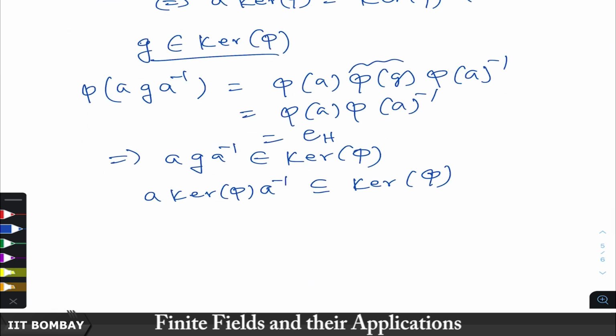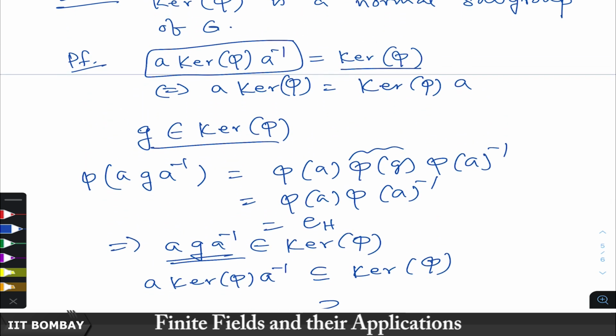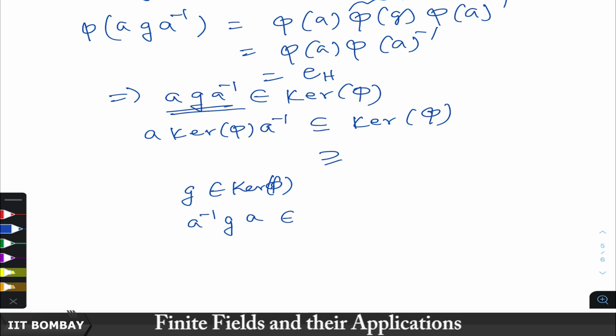Similarly, one can also see that the kernel is a subset here. Take any element g in the kernel of phi. We said here that a g a inverse is in the kernel, but if you take a inverse g a, this is also in the kernel, by just replacing a by a inverse here.